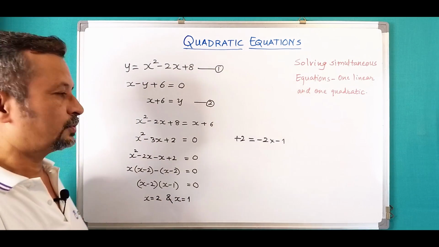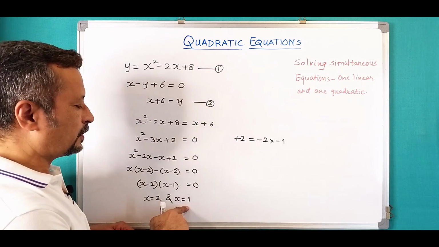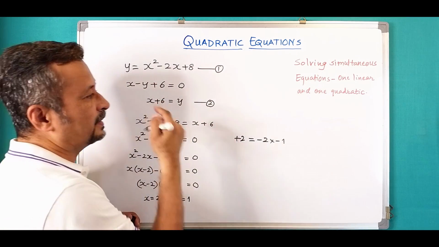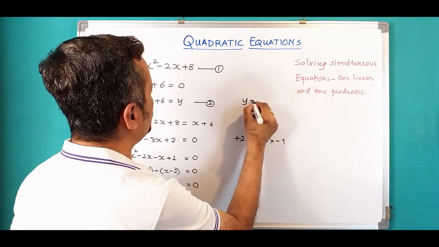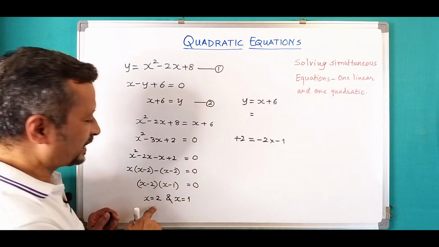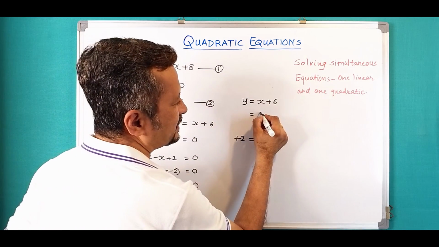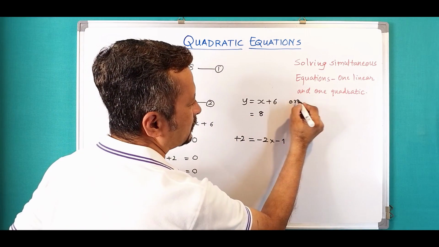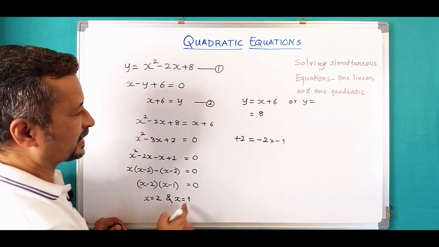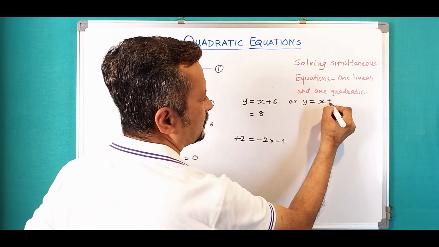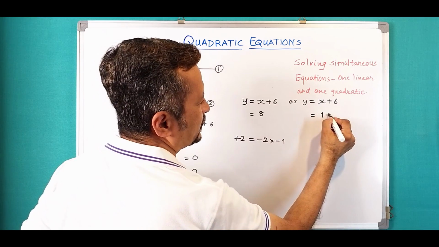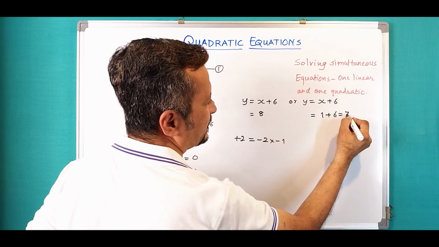Correct. So now what do we do? From these values of x, I'll get my values for y. My y is equal to x plus 6. When I'm taking x equal to 2, it is 2 plus 6, that is 8. Or y is equal to x plus 6 again, and I'm putting x is equal to 1 there, 1 plus 6, that is equal to 7.